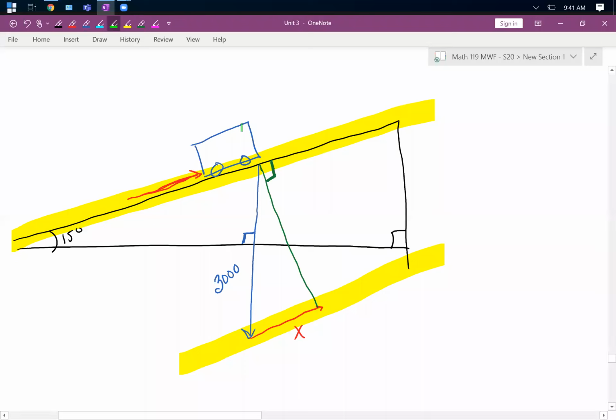If we then take a look at this green vector that we drew in, we end up with two parallel lines cut by a transversal. When that happens, we know that alternate interior angles are congruent. So this right angle that we have right here, we're going to end up with alternate interior angles making this a right angle as well. Questions at all on that?